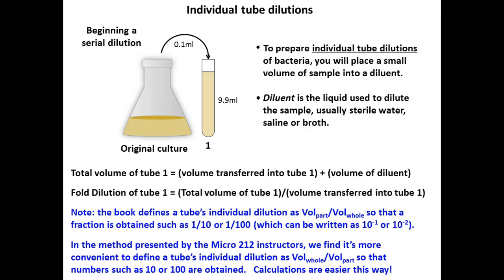Whole over part, and that will actually give us 100. It's very common to do in factors of 10 and 100, but as you'll notice on some of your sheets for practice, to make sure you get the principle correct, we're not using tens.